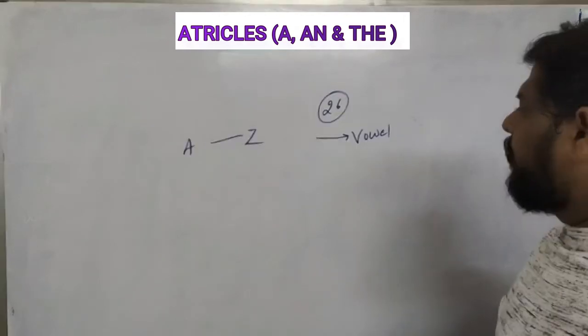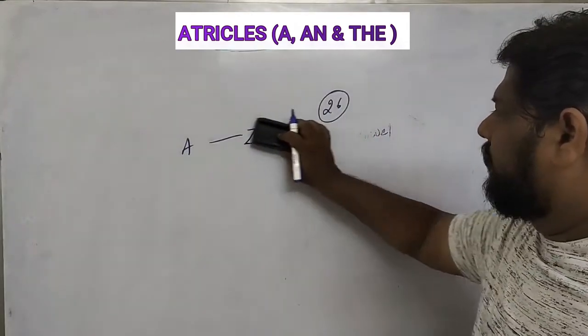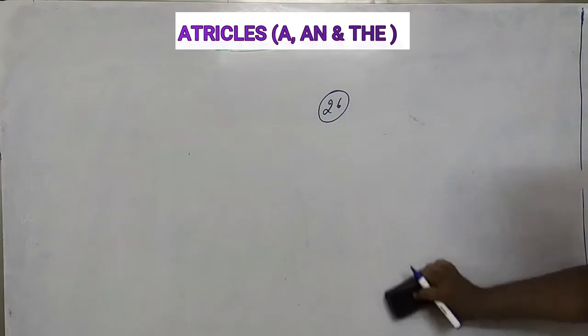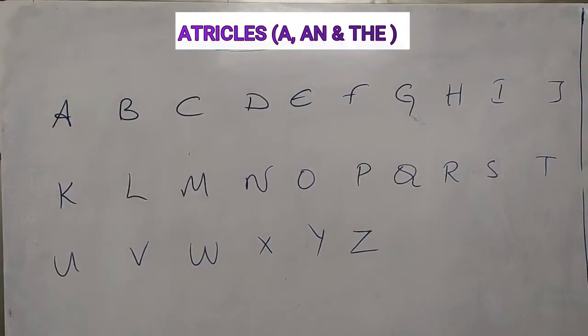Okay. Now, let me clarify this to you. Okay, children, you can see the 26 alphabets on the board here. Totally there are 26 alphabets, right? That is what we know. Out of them, I will pick 5 alphabets. See here.